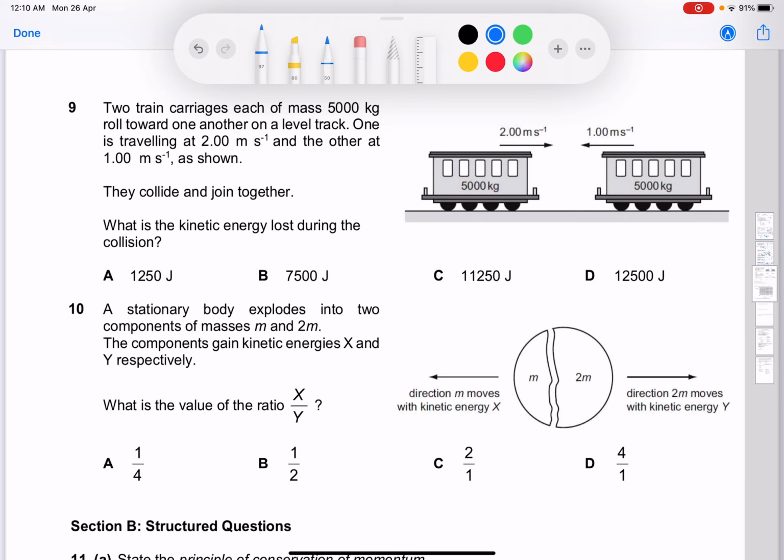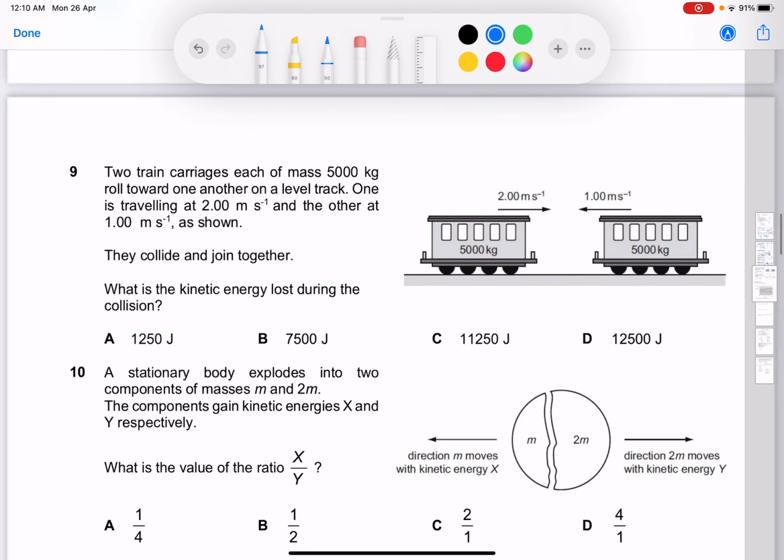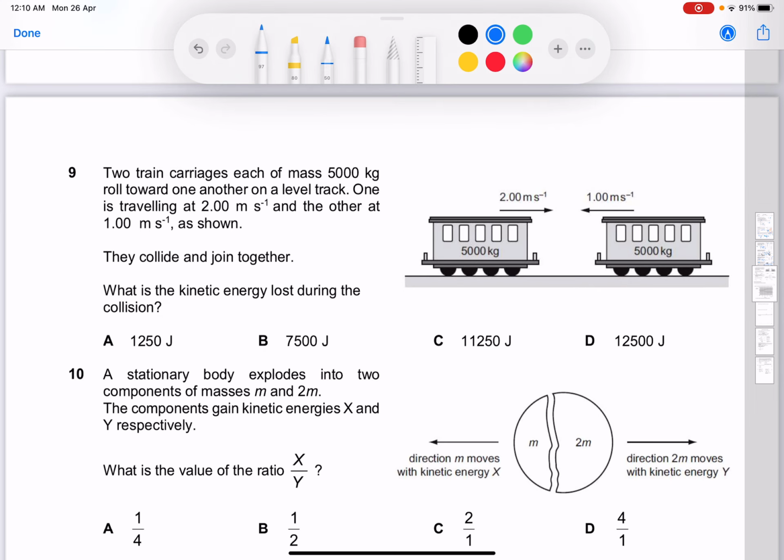Okay, question 9. What's the kinetic energy loss during the collision? For this question, you have to work out the velocity after collision, right? So they stick together. And I can write down the initial momentum.